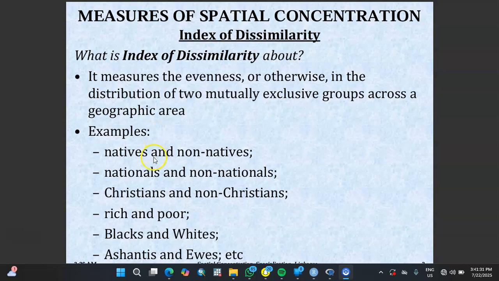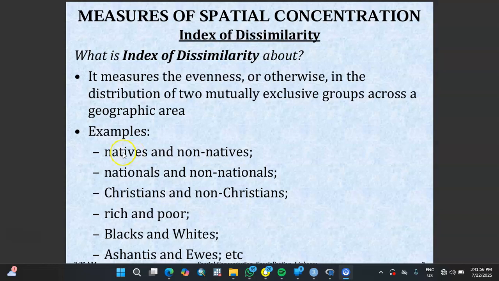An example would be natives of a particular community, and the opposite of that would be non-natives. So we are trying to look at the evenness amongst these two groups across the entire geographical area. We want to find out whether there is evenness in the number of natives and non-natives in one particular geographical area.